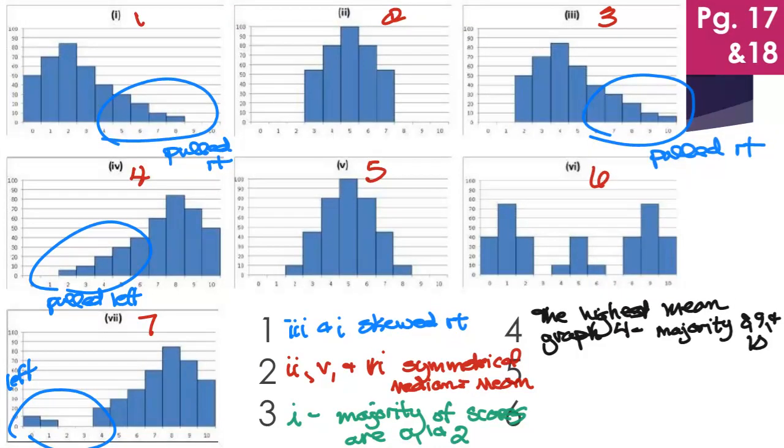Which appears to have the largest mean in the context of quiz performance? Which appears to have the largest mean, the average?